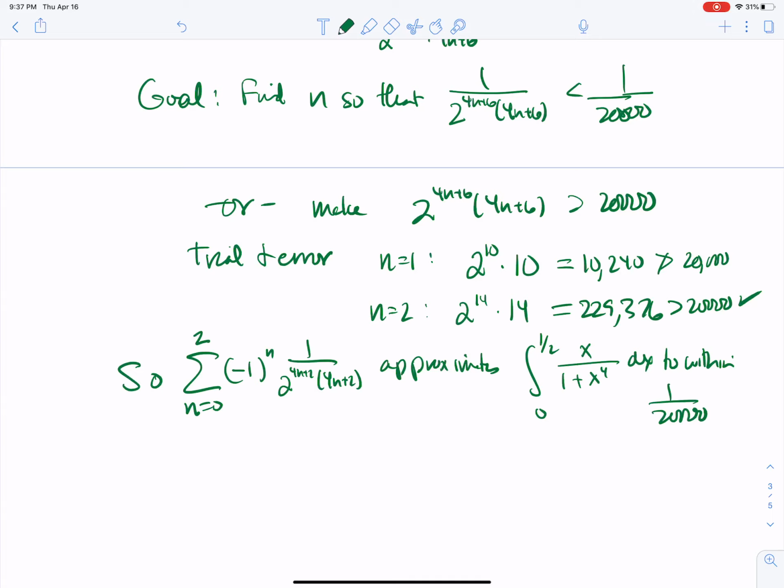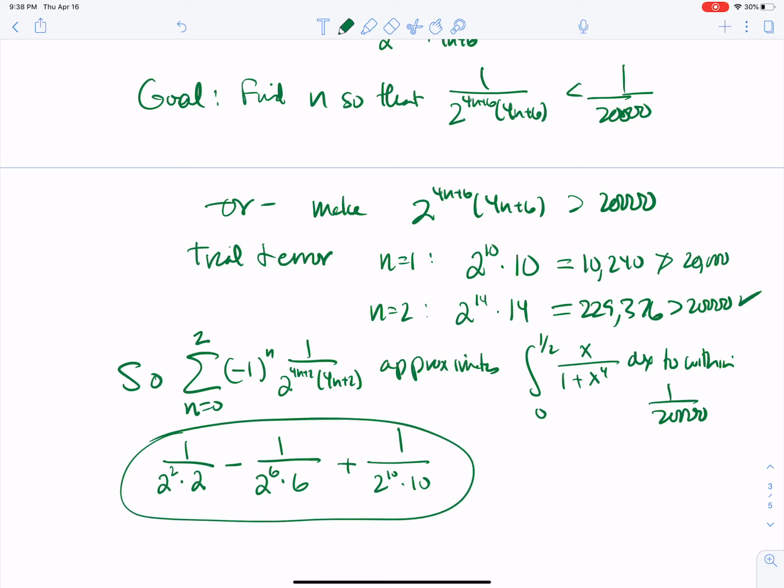And just to write out those terms, when n equals 0, I get 1 over 2 squared times 2, minus 1 over 2 to the 6th times 6, plus 1 over 2 to the 10th times 10. And so if we just add these three numbers together, that will be an approximation of that integral, and we will know for sure that it's within 1/20,000th of the actual value.